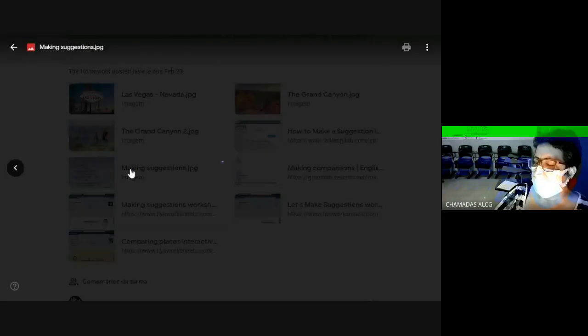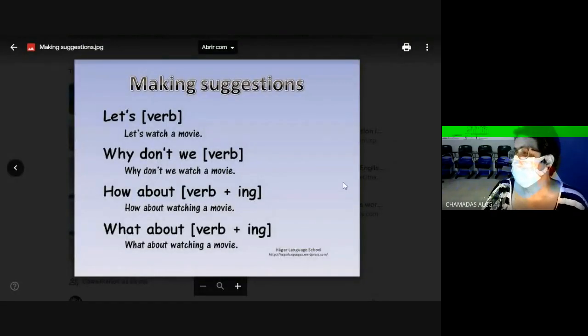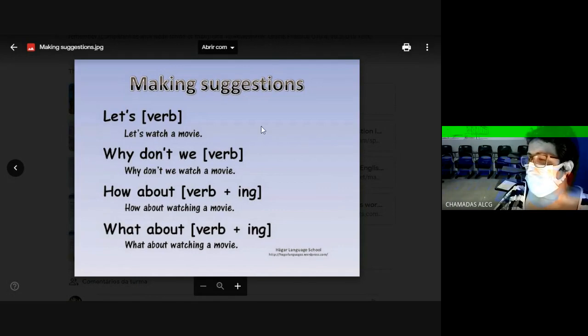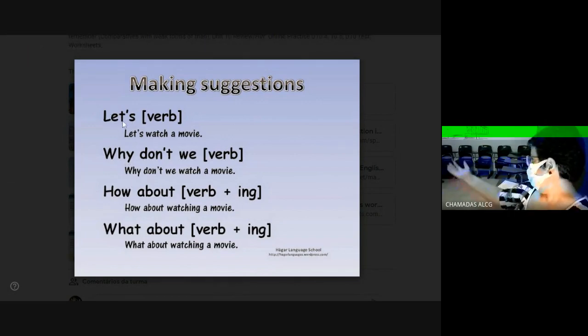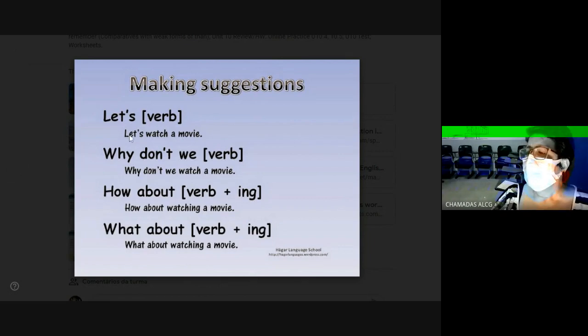So let's take a look. Here, I'm going to show you the file if it opens. Yes, there you go. Can you see that? Yes? So here are the 4 classical ways to make suggestions, right? You can say, let's, and then the action. Let's watch a movie, or let's go to the Grand Canyon, right?